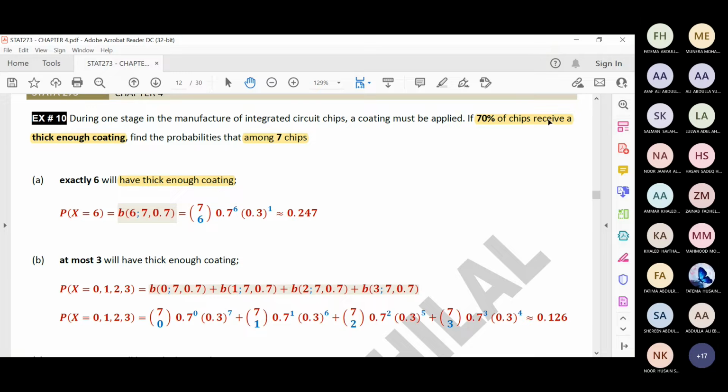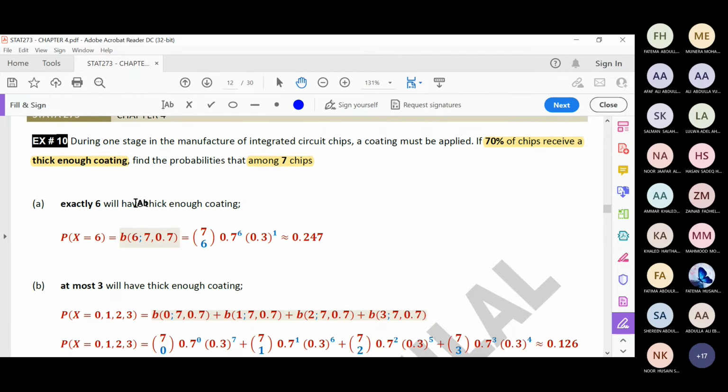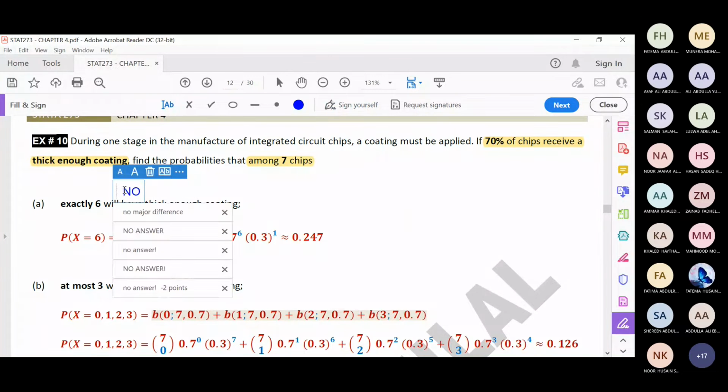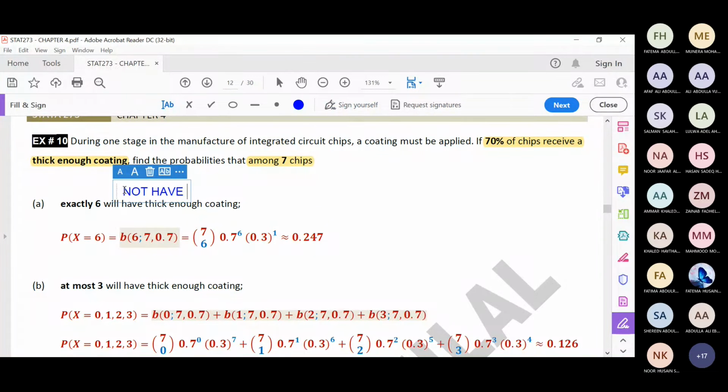يعني شو العبارة اللي مكتوبة مع percentage? Receive thick enough coating. If you have the same, have thick enough coating, it means you have to use the same percentage. Why is this important? What if I change this one and I said will not have thick enough coating, يعني نفيتها.